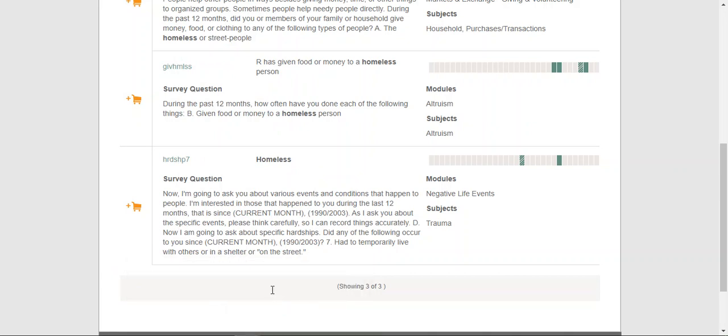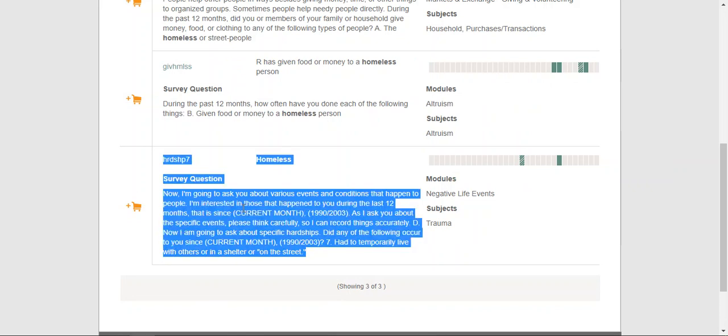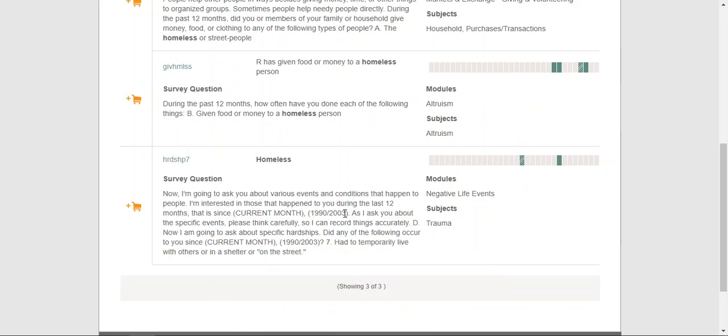Then maybe I'll open up a blank Word document. As you open this up, you would want to save this somewhere, and you write this down. As you're recording this, you write this one down, Hardship 7, that might be something you're interested in.